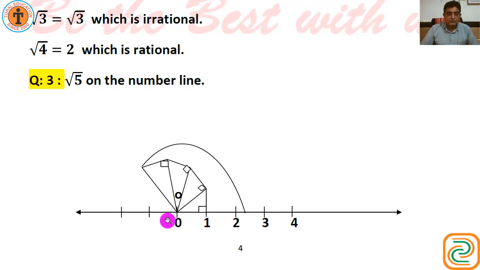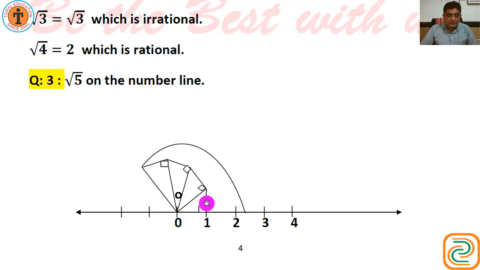Look at how. First take a number line. Remember the steps. We will have Pythagoras theorem in our mind. So 0 to 1, that is 1 unit. Take 1 unit perpendicular from 1.